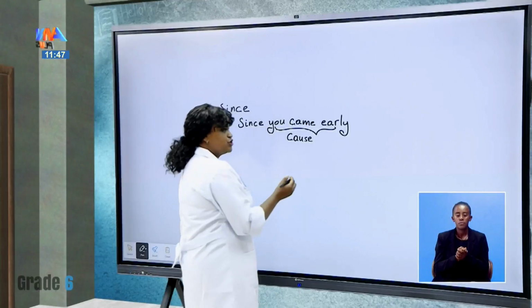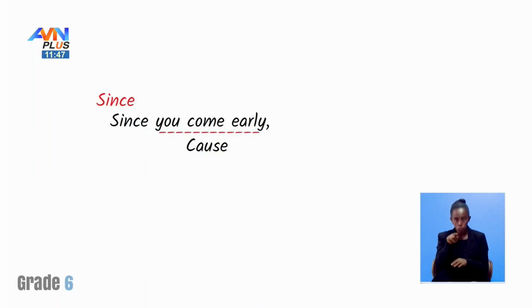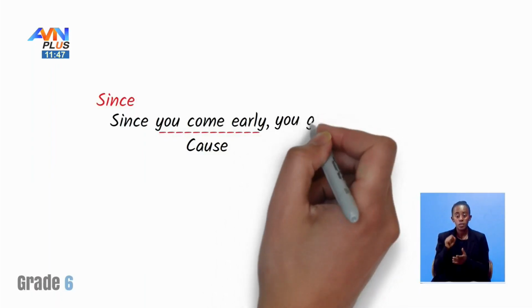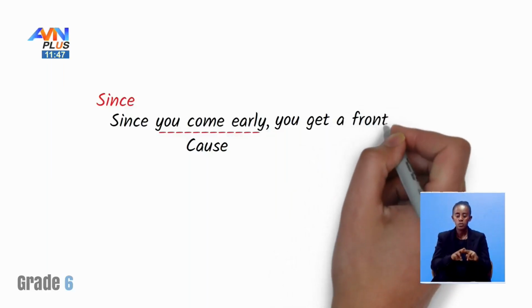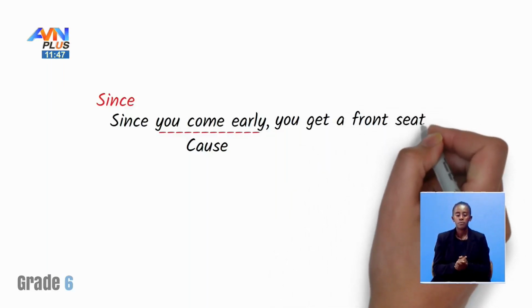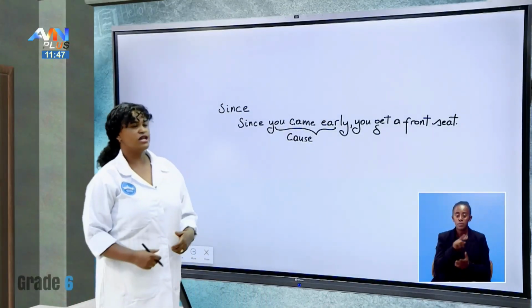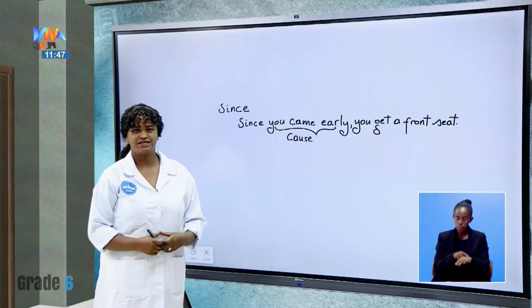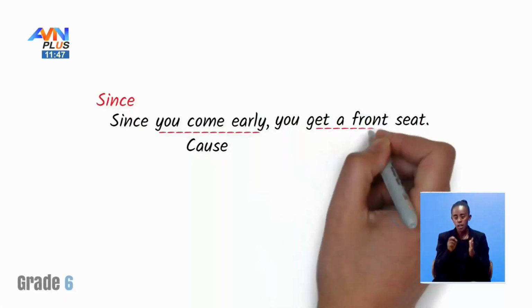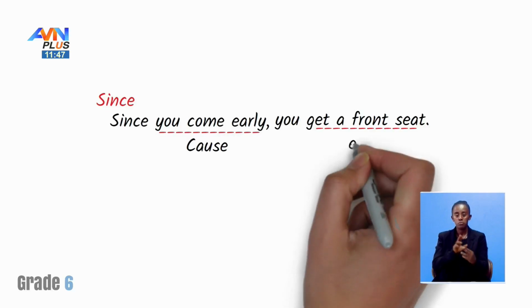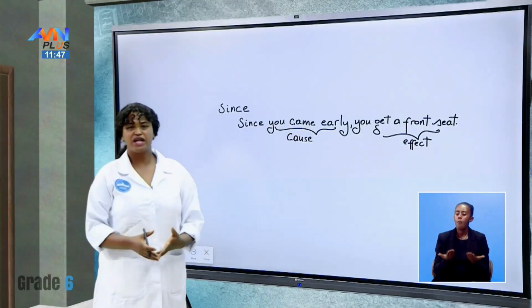Since you came early, you get a front seat. This is another way of telling cause and effect. Getting a front seat is what? Effect. Wonderful.